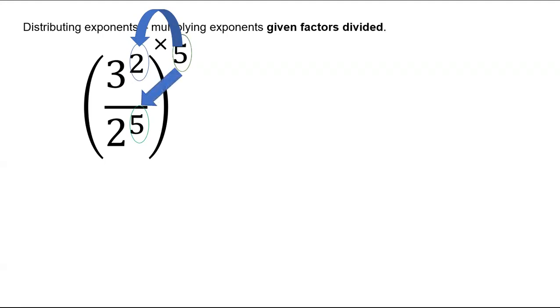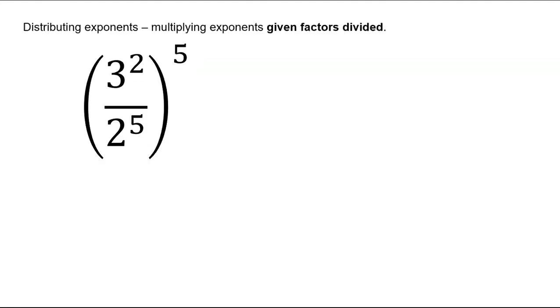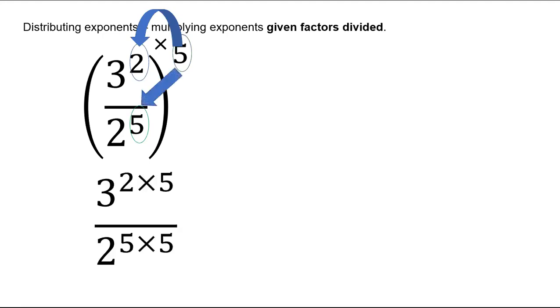In the numerator, I'll end up having 2 times 5. How much is 2 times 5? 2 times 5 will give me 10.